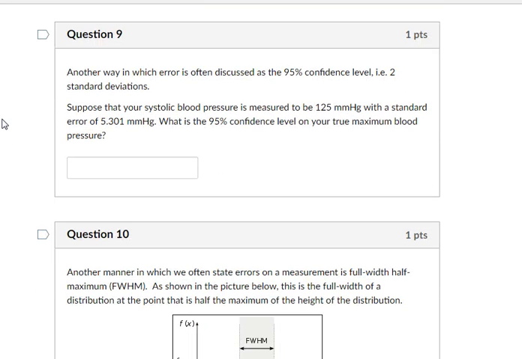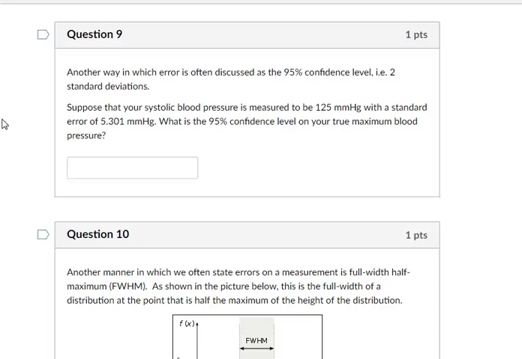Problem 9. We often talk about confidence levels. I mentioned this before. Suppose your systolic blood pressure is 125 millimeters of mercury with a standard error of 5.3 millimeters of mercury. What is the 95% confidence level on your true maximum blood pressure? We're 95% confident that the maximum is no more than 125 plus 2 times 5.3, because 95% is 2 standard deviations.